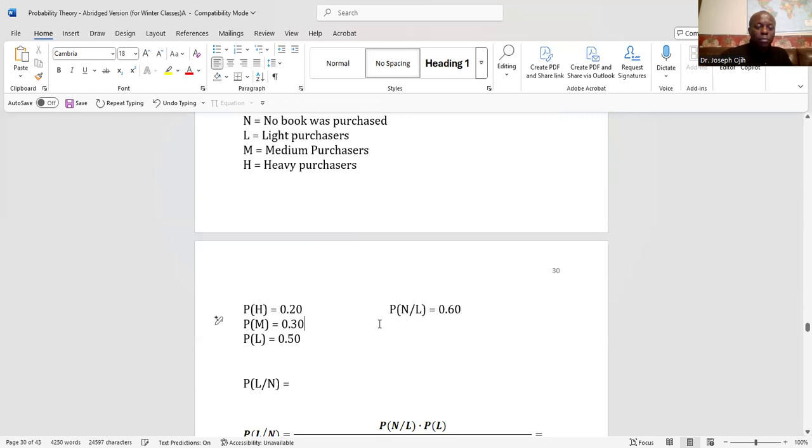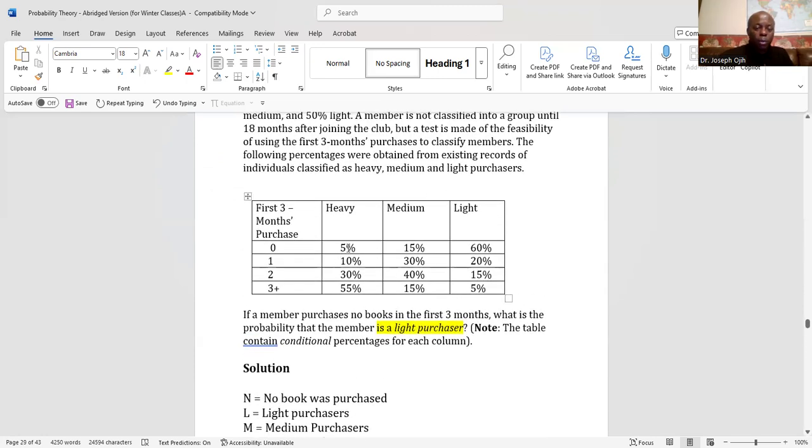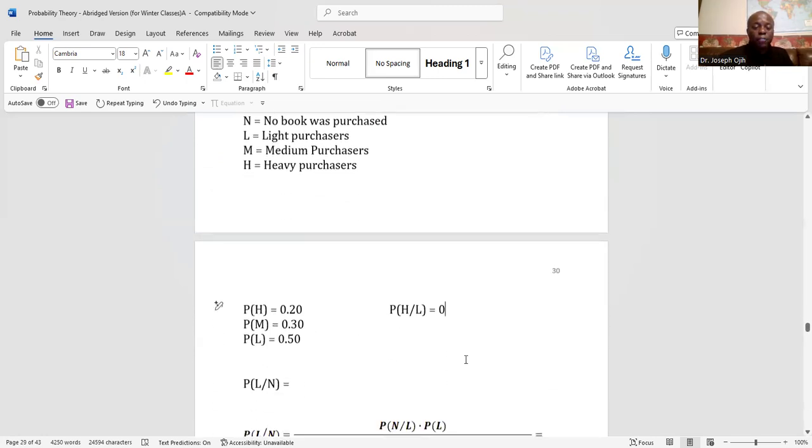Let me start from heavy. No book was purchased, given that it's a heavy purchaser, is 5%, which is 0.05.